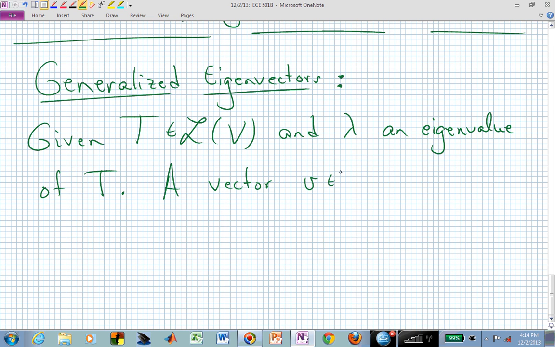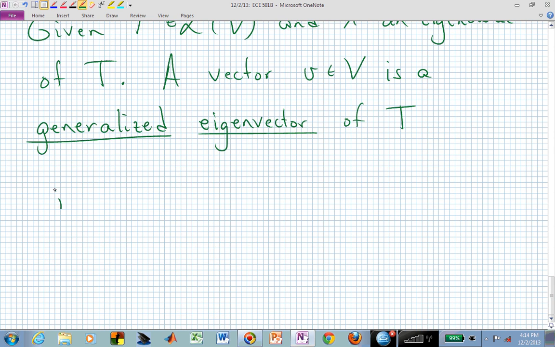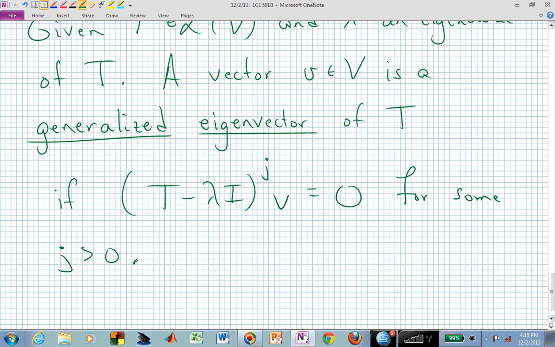A vector v belonging to that vector space V is a generalized eigenvector of that linear operator T if (T minus lambda I) to the j applied to v is equal to 0 for some j greater than 0.